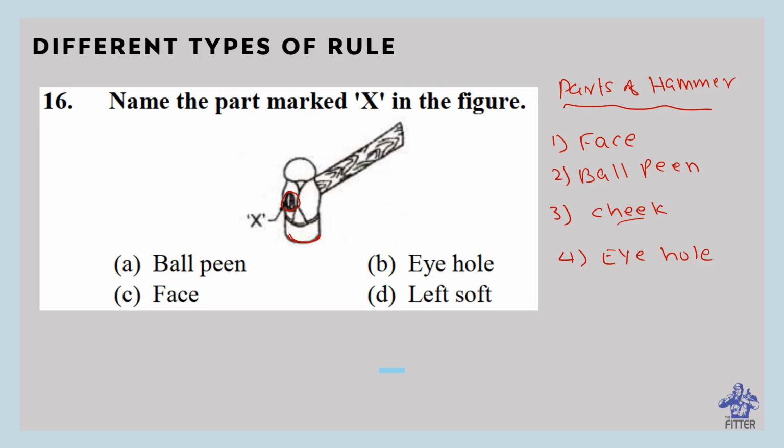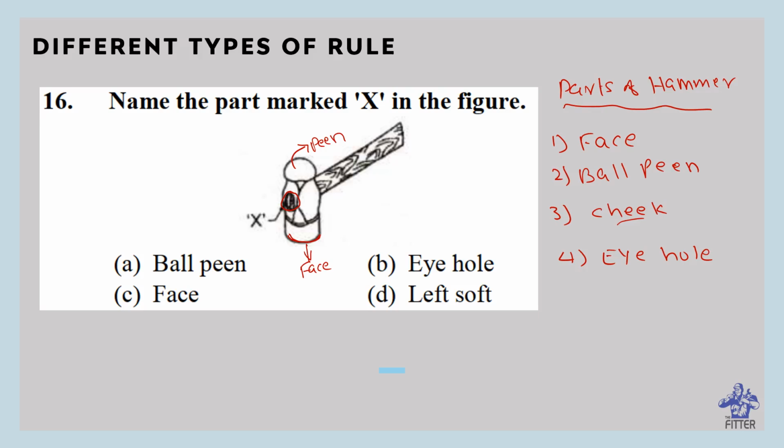This is face. And peen is used for shaping and forming works. You can observe here, this is peen. It can be used for shaping and forming works.